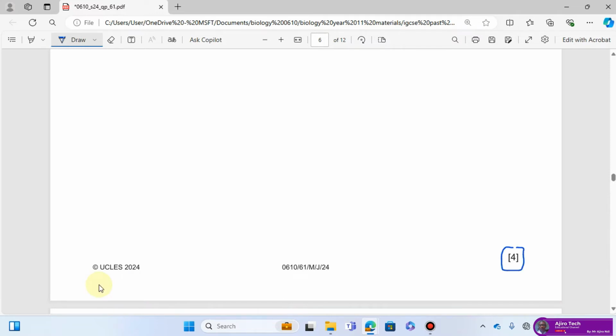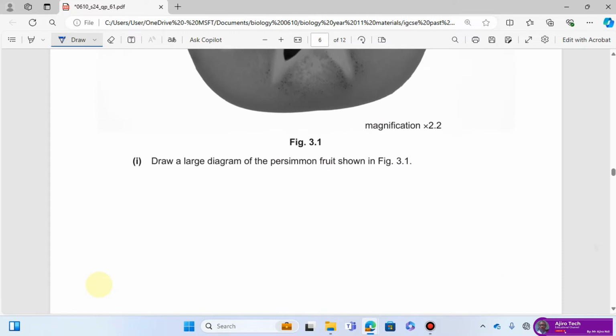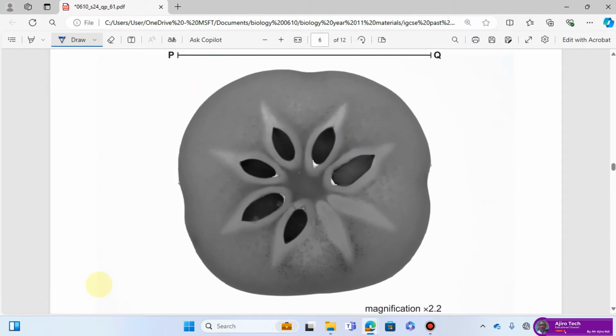Now there are some essential things to take note of when you are asked to draw, and that's what I call the SODP. The size of the diagram, the outline, the detail, and the proportion.